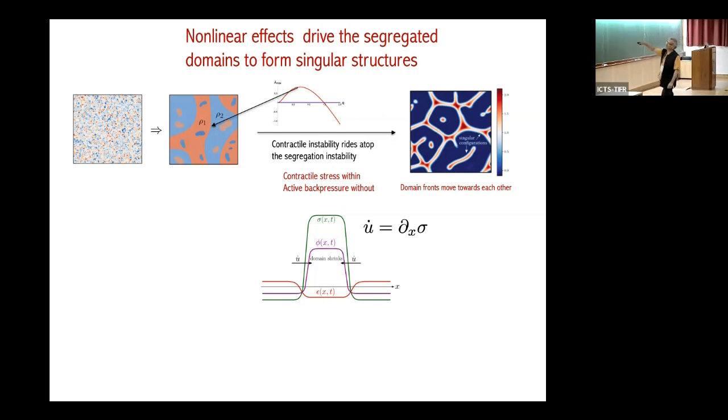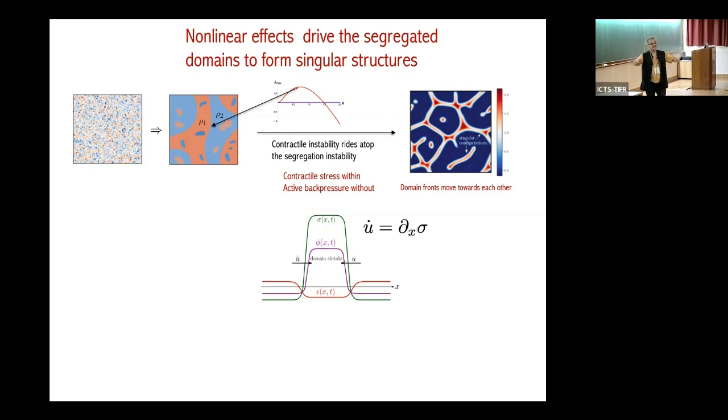So if I start off with a domain wall like so, given by phi, then because of the enhanced contractile stress here and the back pressure coming from the outside, this peak will rise and the width will shrink.